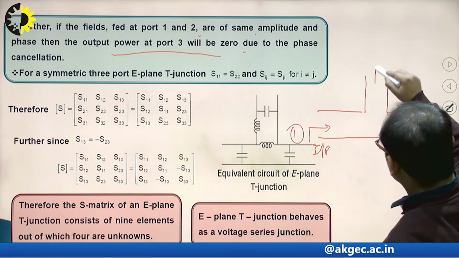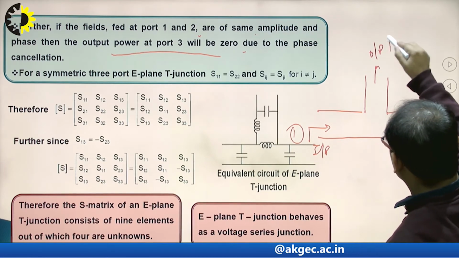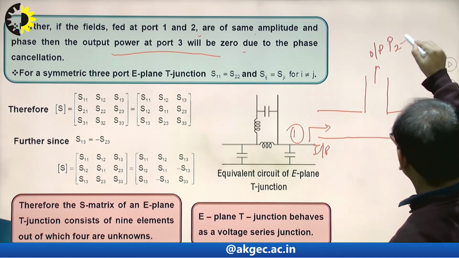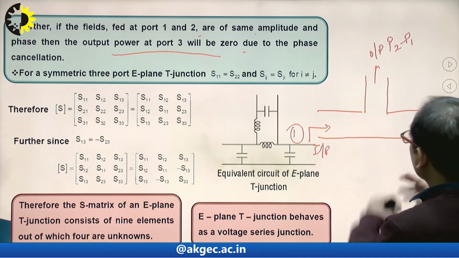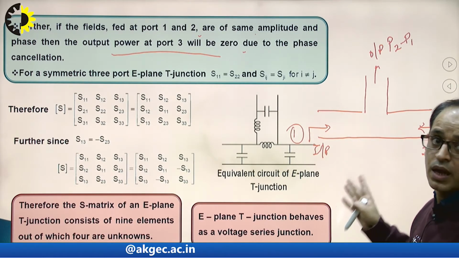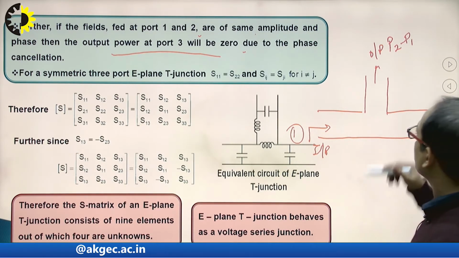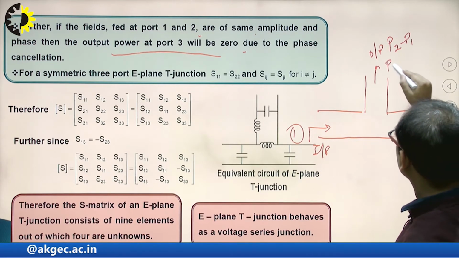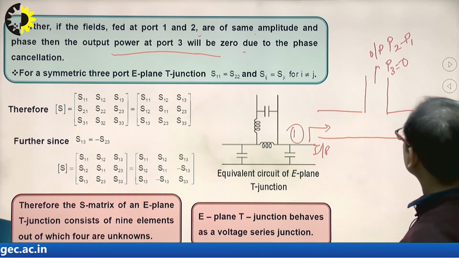At the output I am getting P2 minus P1. If both the inputs have the same amplitude and the same phase, then the output at P3 will be equal to 0.